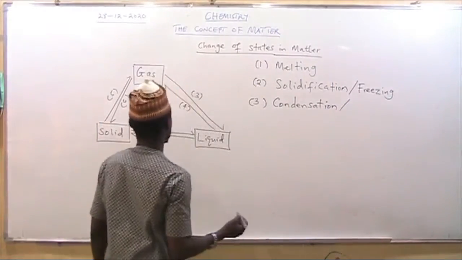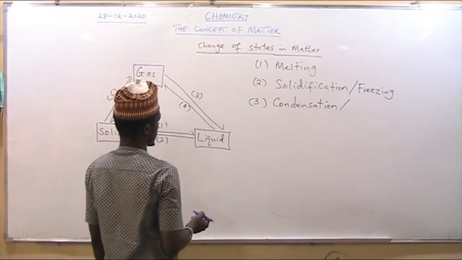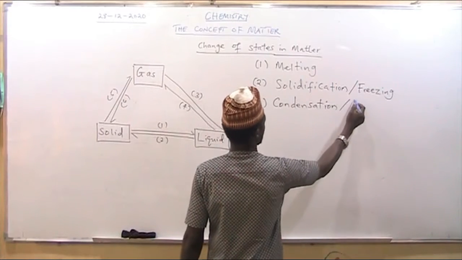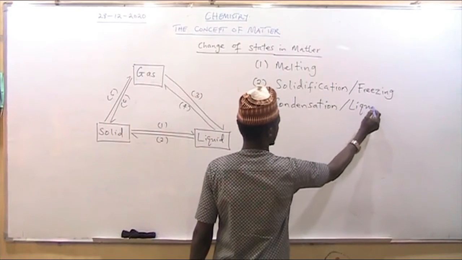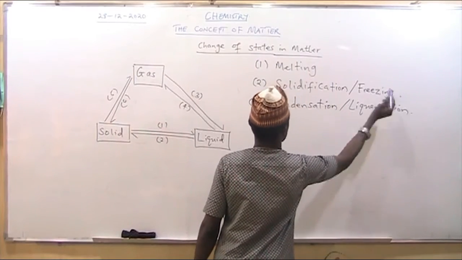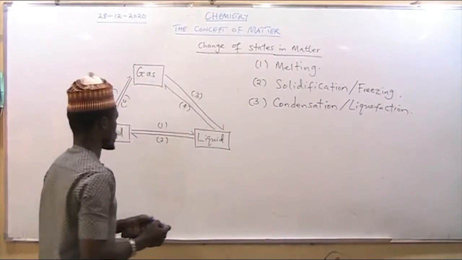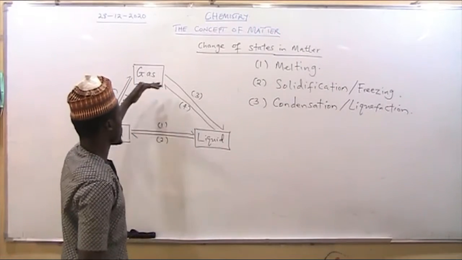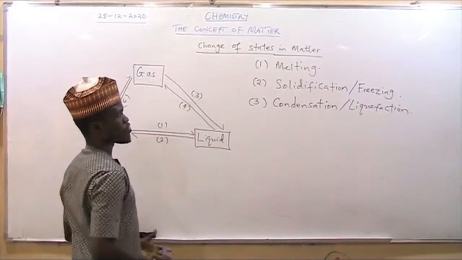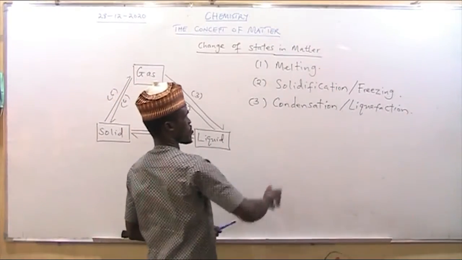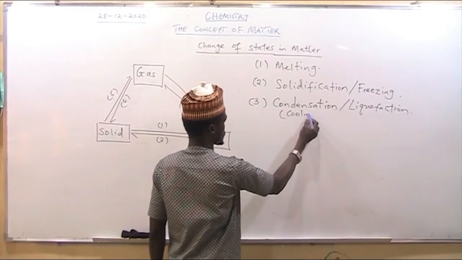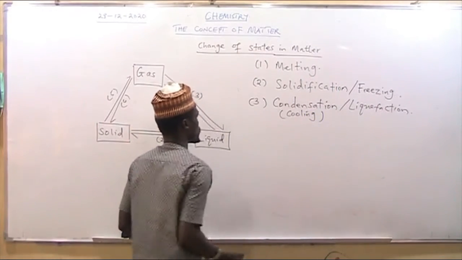Or we can refer to that as liquefaction. Are we together? So that is the process whereby gas changes to liquid. It can be condensation or liquefaction. And another name for condensation here is cooling. Okay, so that is that.